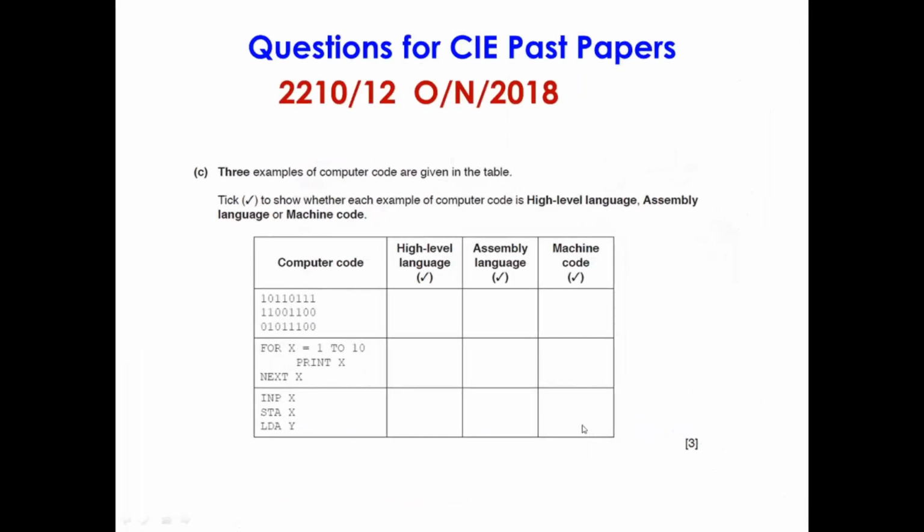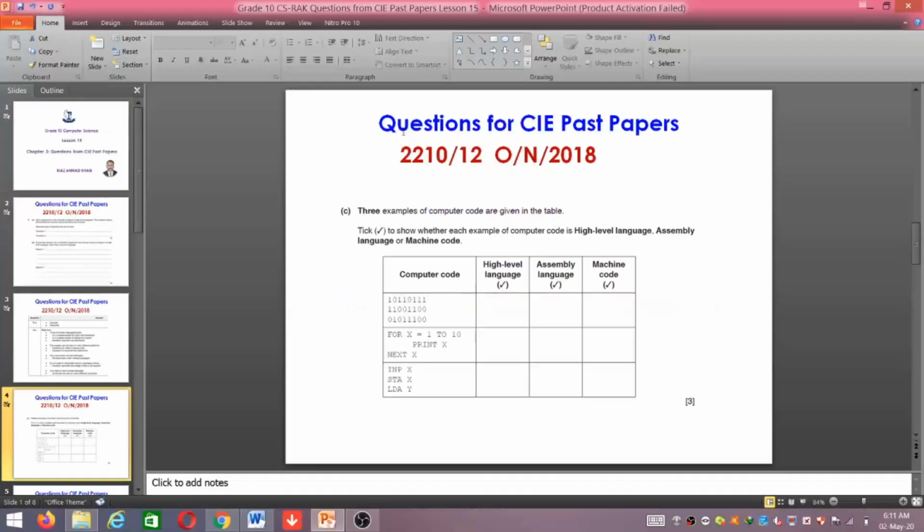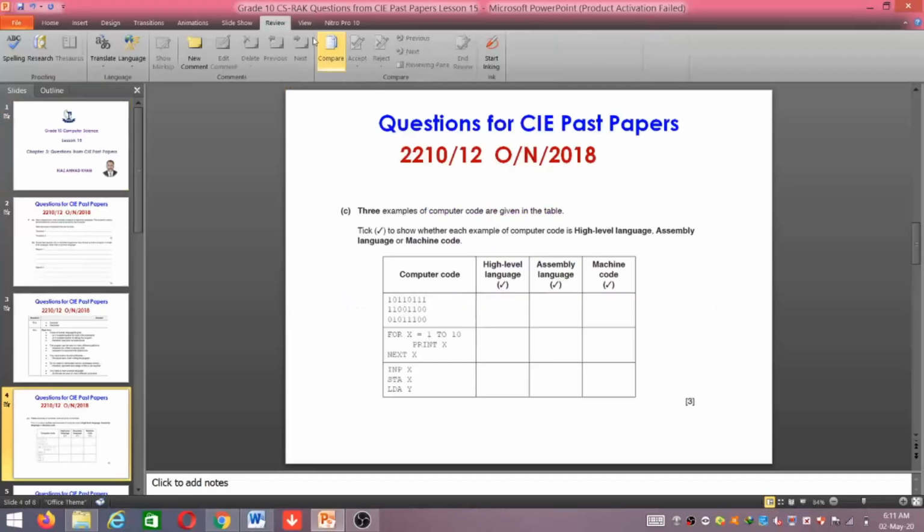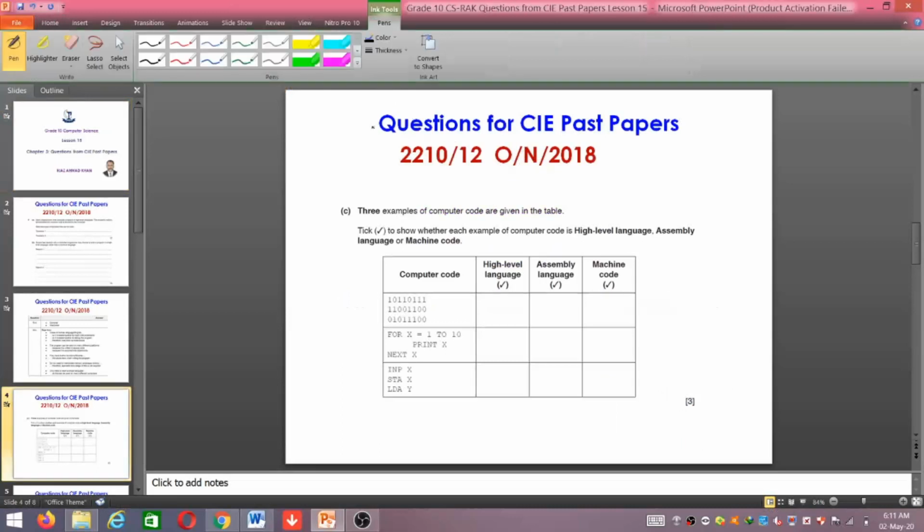October-November 2018, paper 1. Okay, 3 examples of computer code are given in the table. So you have to take which one is high-level language code, which one is assembly language, and which one is machine code. Okay, let me take the marker so that I can solve it for you. Right, look here. This is the computer code, and which one is high level language, assembly language, or machine code?